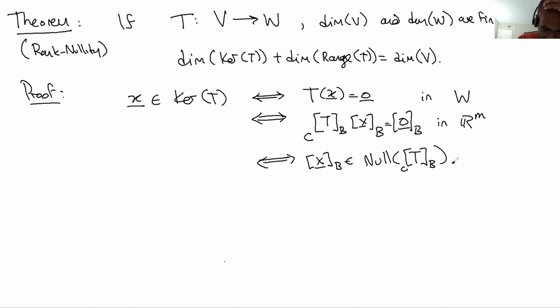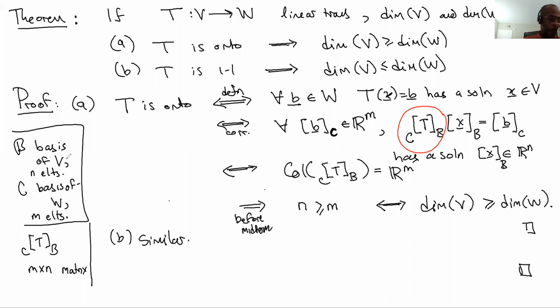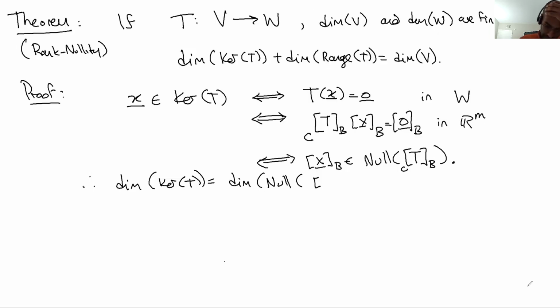So that means that the dimension of the kernel of T is just equal to the dimension of the null space of this matrix. So again, in the background, you have some bases, B and C. The null space of this matrix with respect to B and C is equal to the number of free variables in the row echelon form of this matrix.